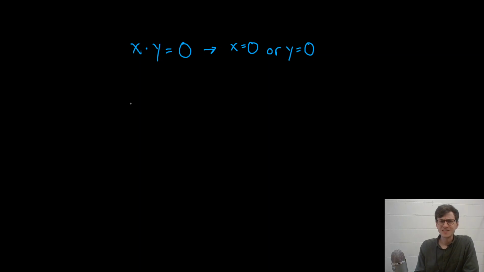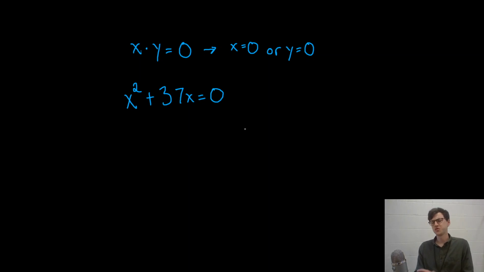Let me give you an example of a problem you might find. This is a good one. What if we had x squared plus 37x equals 0? Mr. Dussault, that's kind of a weird problem.